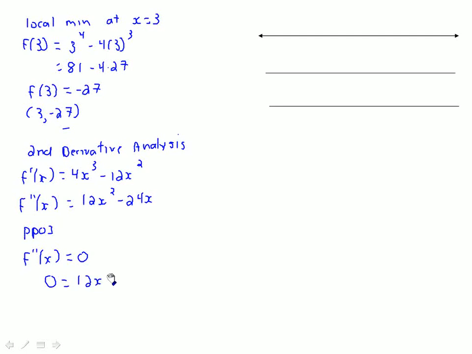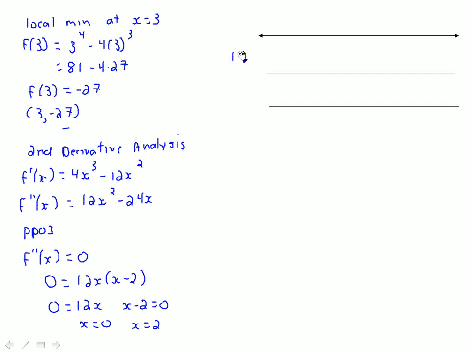I'll take out a factor of 12x, and that would leave me with x minus 2. So when we set this to 0, 0 is equal to 12x, and then x minus 2 is equal to 0. We get x equals 0, we get x equal 2. And then we go to the graph and we do our second derivative analysis.